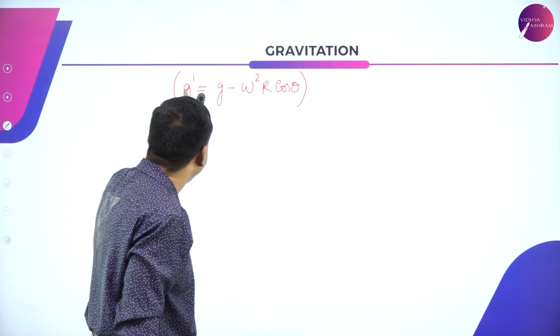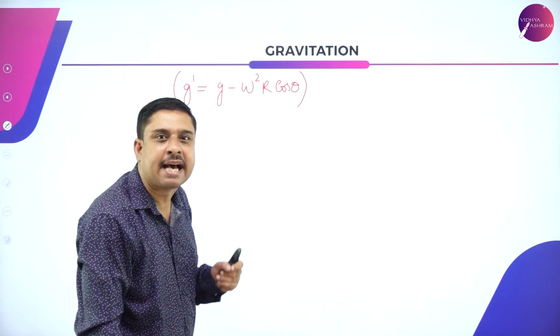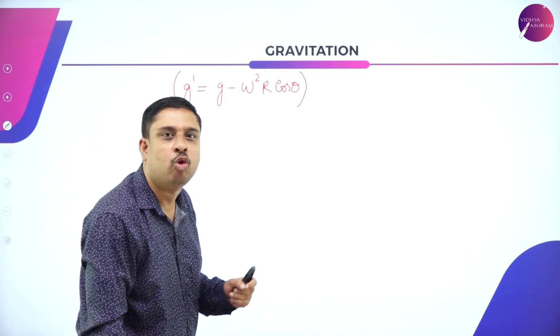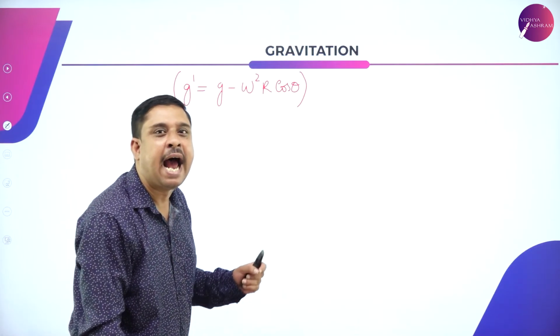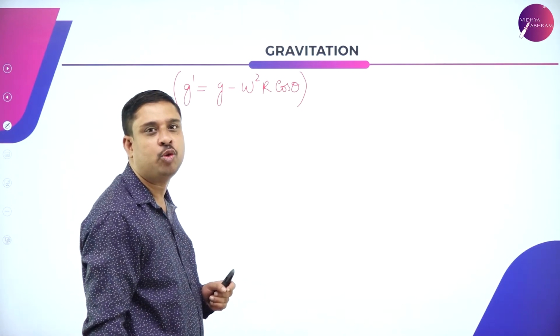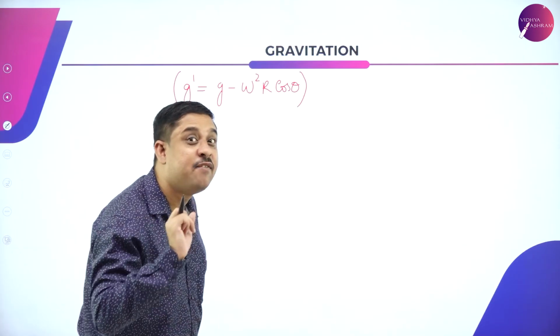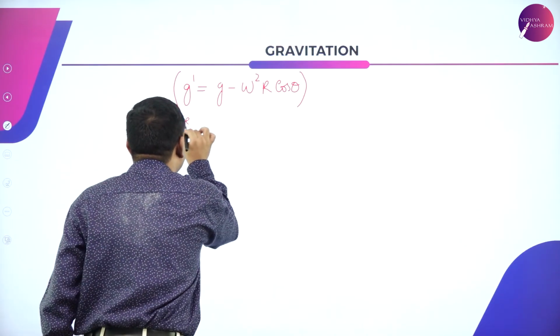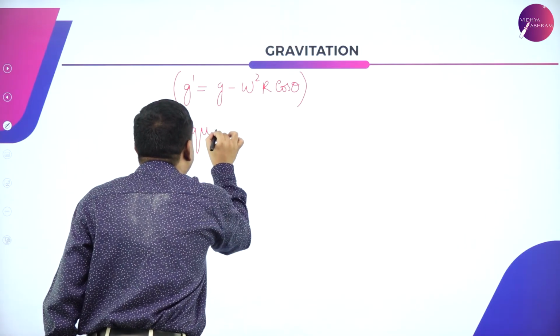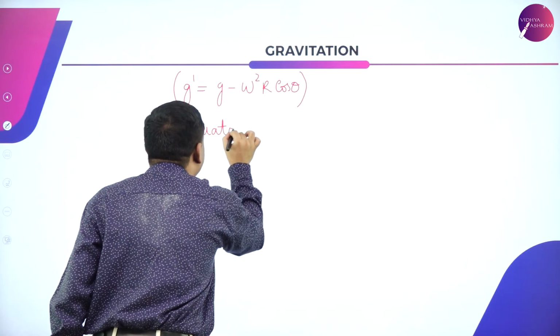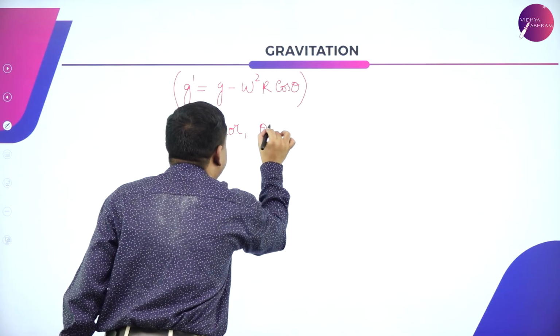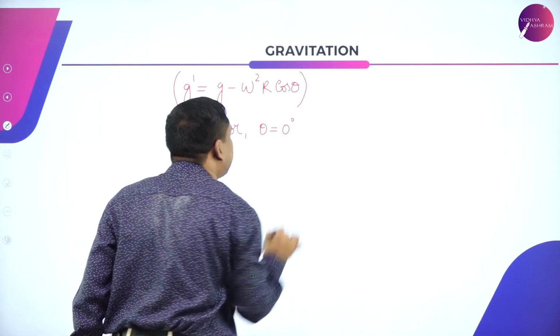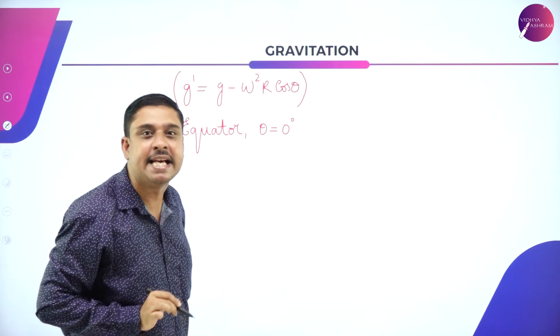So G dash is the acceleration due to gravity at the latitude. And very clearly, which place on earth? It is given to be equator. And at the equator, theta is 0 degrees.